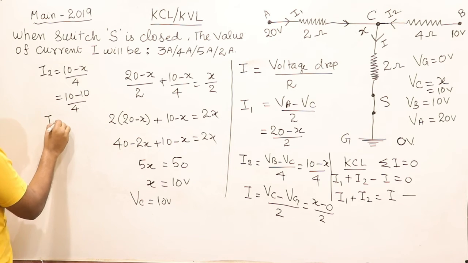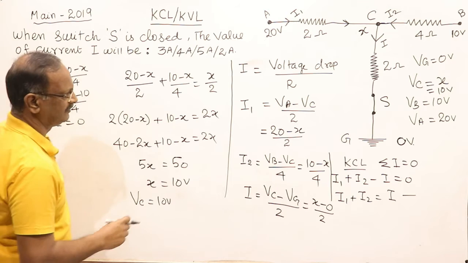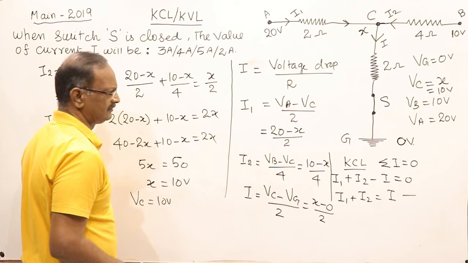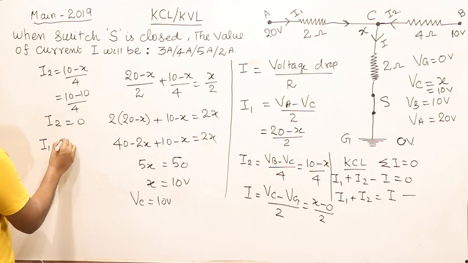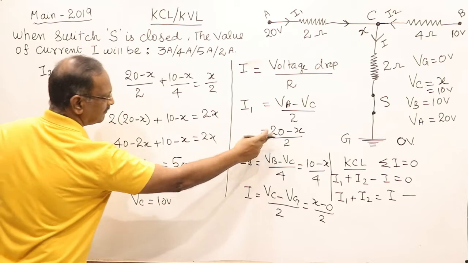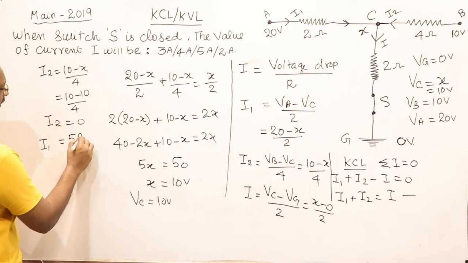So I2 is equal to 0, and I1 is equal to 20 minus X divided by 2, that is 20 minus 10 divided by 2, that is 10 divided by 2, which is equal to 5 ampere.